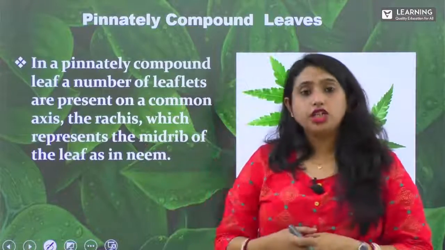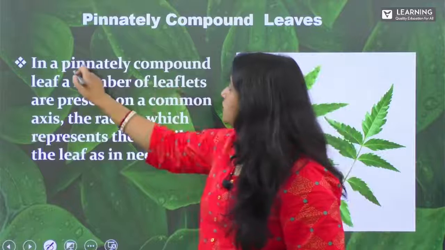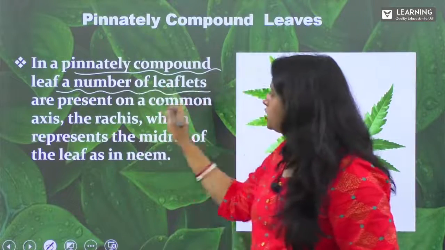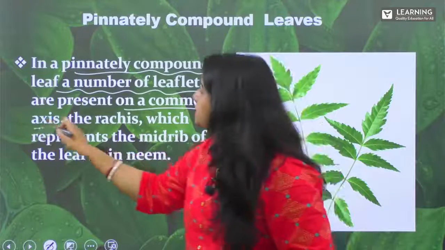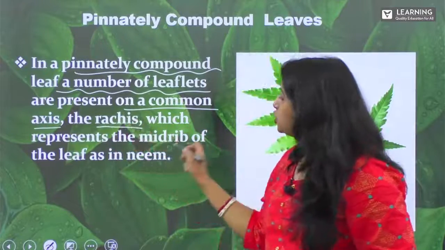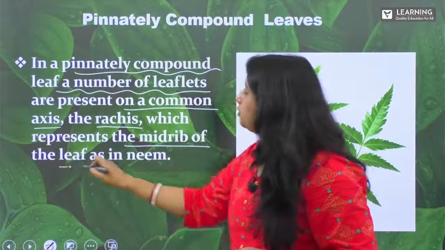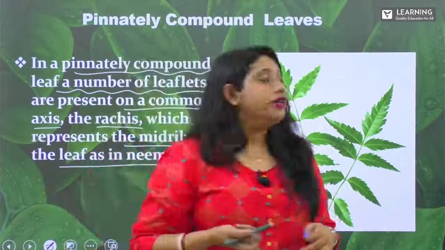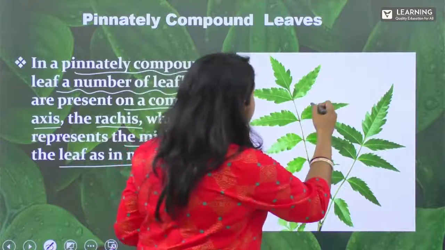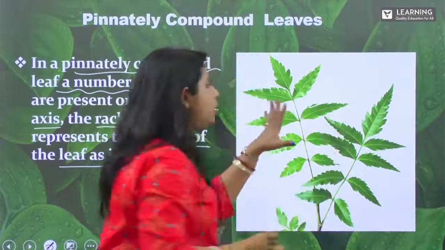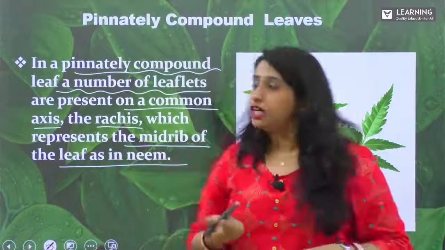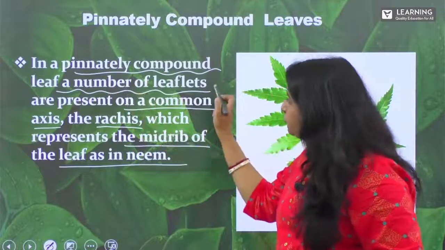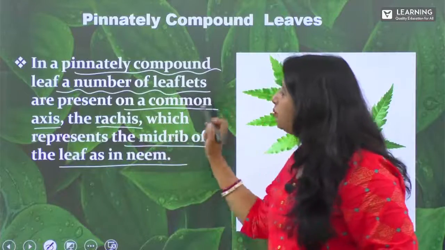So what is the definition of a pinnate compound leaf? These are the leaves where a number of leaflets are present on a common axis, and the axis represents the midrib of the leaf. So this is the picture of your pinnate compound leaves, where the leaflets are present on a common axis.